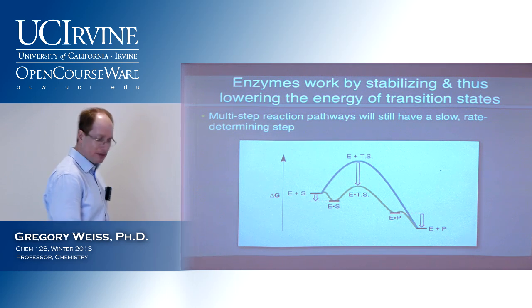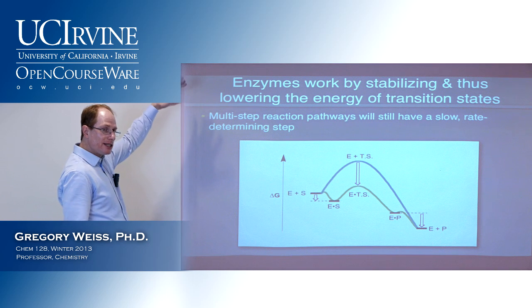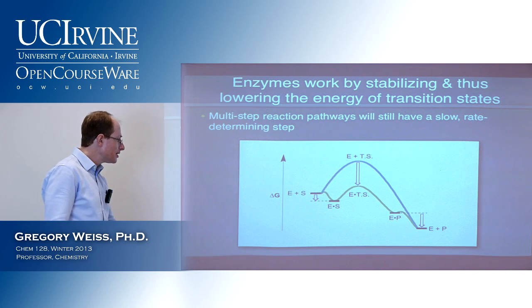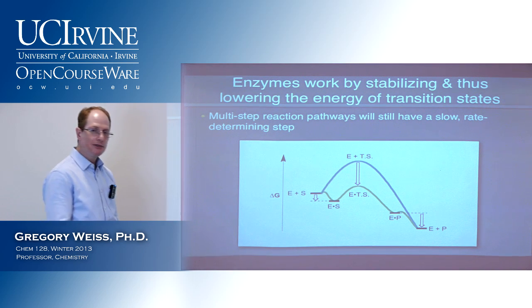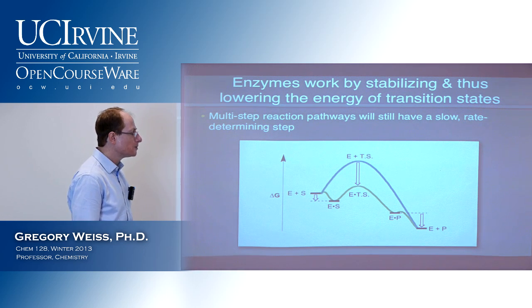So here's a typical reaction. On the y-axis is the change in energy, delta G. Higher on this axis means less stable. Lower on the axis means more stable. And as you know, higher means it takes more energy, which in turn means it's slower.